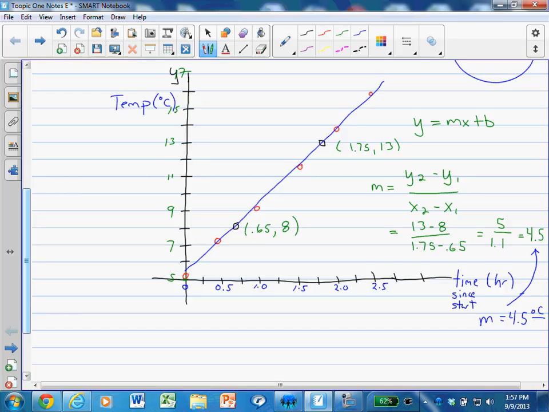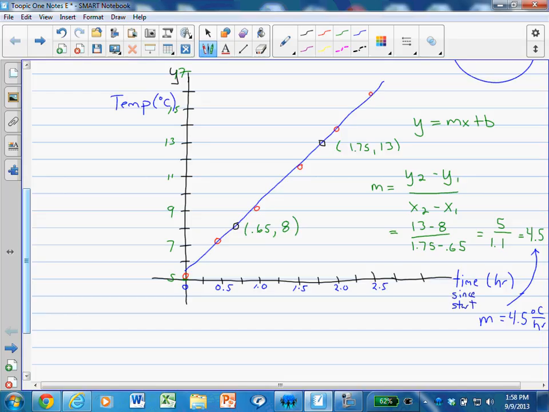Hours. So 4.5 degrees Celsius per hour was our temperature change. 5 divided by 1.1. Okay?